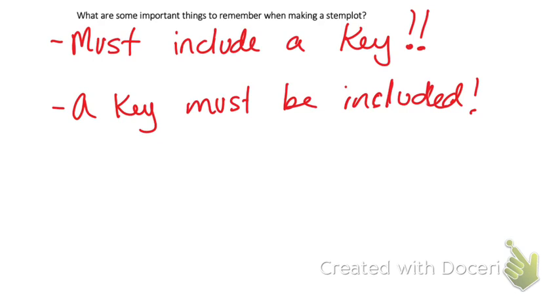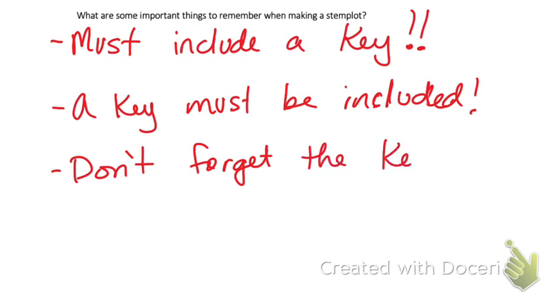What's another important thing when making a stem plot? Don't forget the key. It would seem like this is important for some reason. I don't know. I mean, there are exclamation points for everyone.